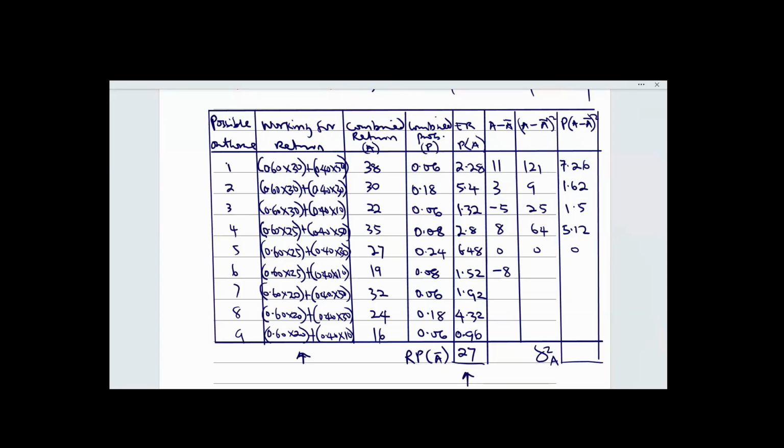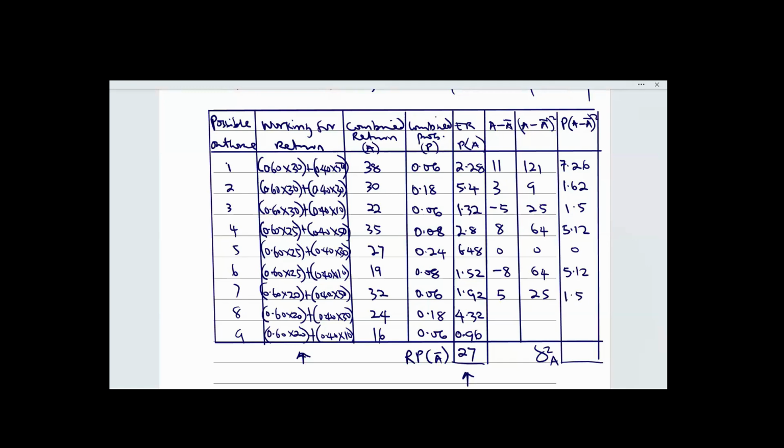Minus 8 squared will give us 64. 64 multiplied by 0.08 will give us 5.12. Next one, 32 minus 27 will give us 5. 5 squared will give us 25. 25 multiplied by probability of 0.06 will give us 1.5.